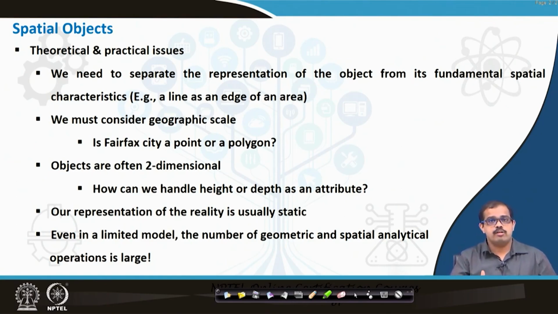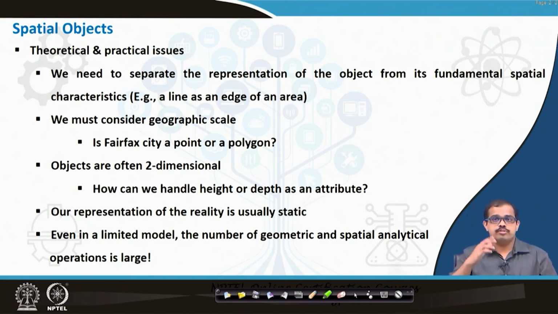Even in a limited model, the number of geometric and spatial analytical operations is quite large. Even if you do a very small model of a single road, the analytical and geometrical aspects you have to consider are very large in terms of spatial objects. So, be extremely careful when you look at different models and how their aspects are considered.